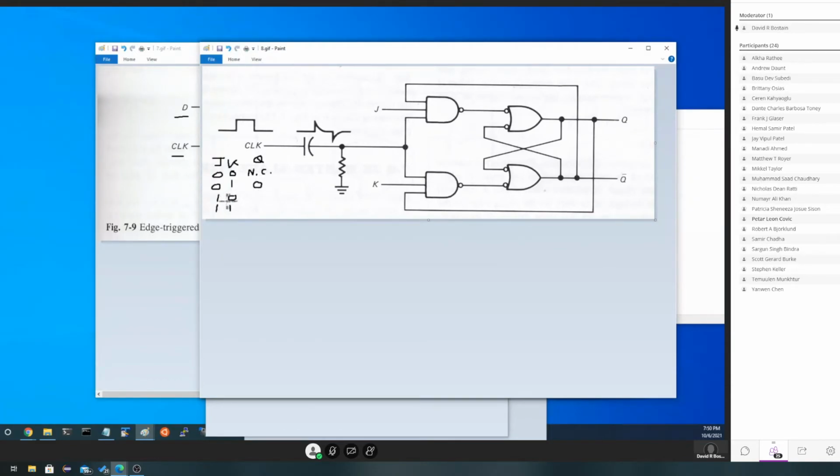If J is a 1 and they're different, Q will be a 1. And they go, well, this kind of looks like what we used to have. We just look like we put an edge-triggered latch on an RS latch, and the guy goes, well, there'll be no need to do that because I did something even better. Notice these are not 2 input, they're 3 input. We go, oh, yeah, I see what you did there.